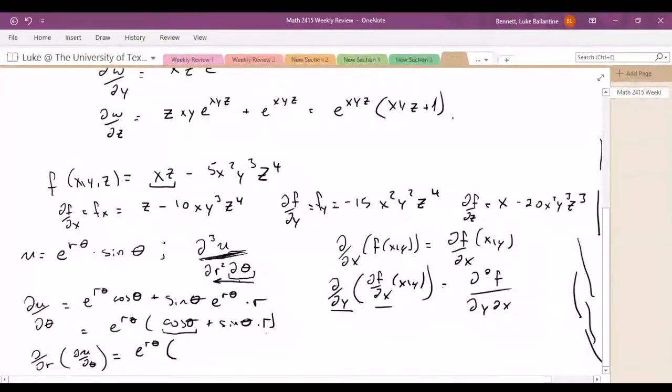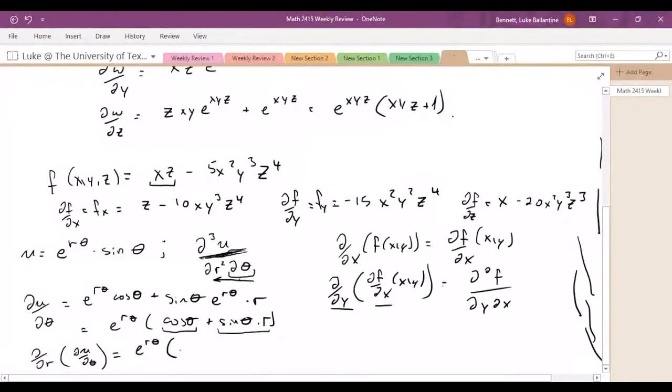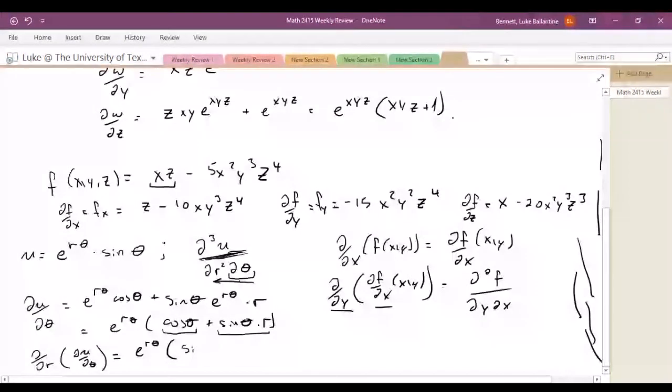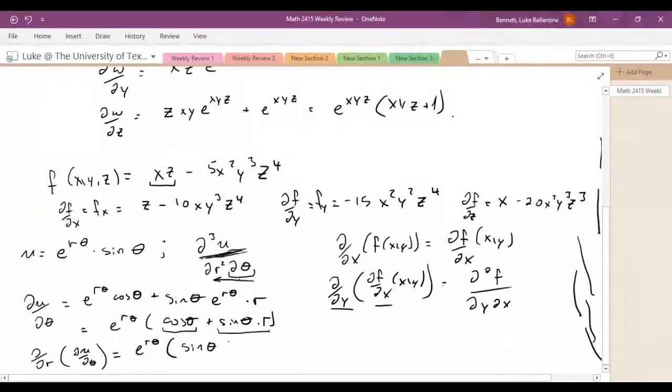And then the derivative of sine theta times r would just be sine theta, because it's r to the first. Then we add the second times the derivative of the first. Well, the derivative of the first with respect to r would be theta e to the r theta. We just copy and paste.